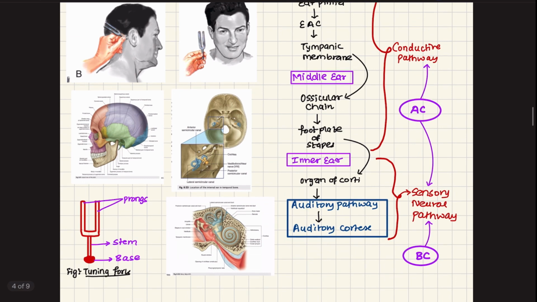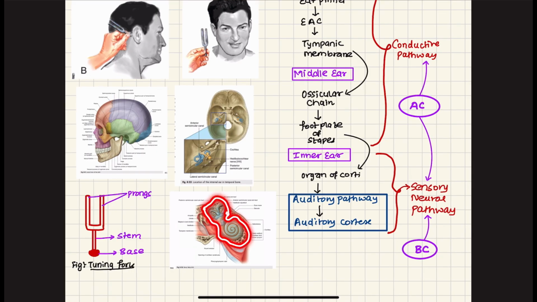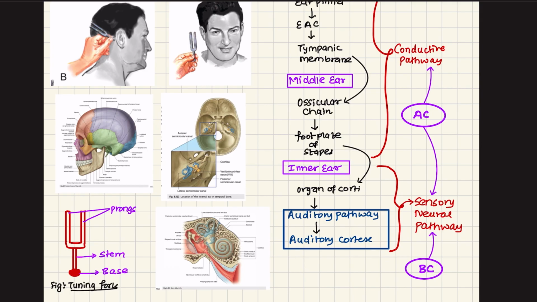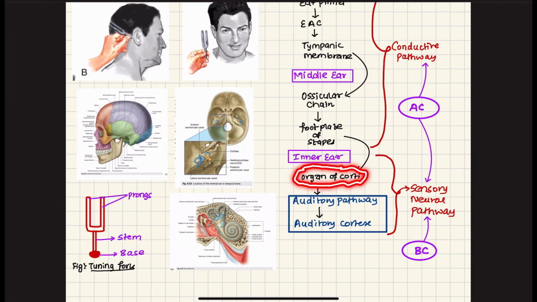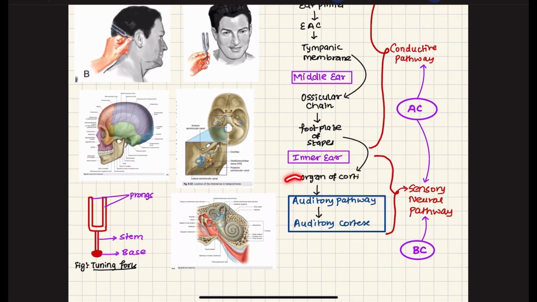And in this petrous part of the temporal bone, there is the cochlea. When the cochlea vibrates, this will vibrate the cochlear fluid, and vibration of the cochlear fluid will also vibrate the basilar membrane, which will be perceived by the organ of Corti. Then the same pathway will be followed.